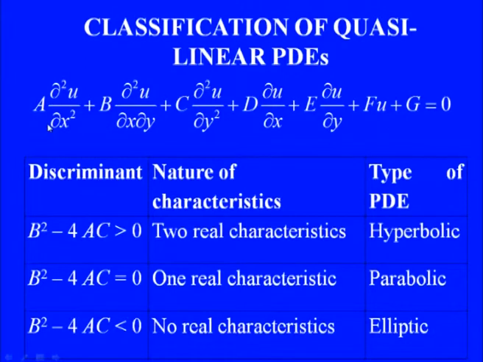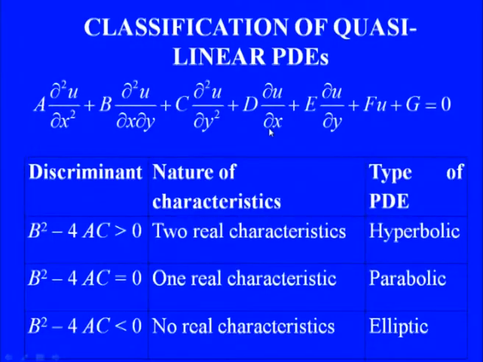So for this situation we can write our generic second order PDE as a times del 2 u over del x square plus b times del 2 u by del x del y plus c times del 2 u by del y square plus d times del u by del x plus e times del u by del y plus f times u plus g is equal to 0. Now here a, b, c, d, e, f and g would in general be functions of x and y.